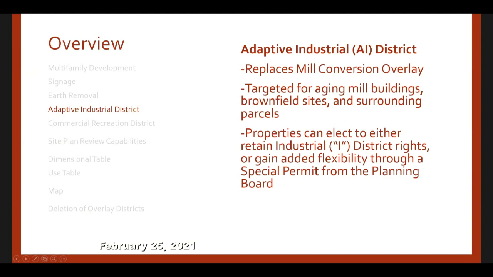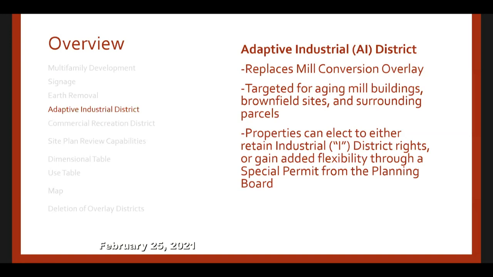The adaptive industrial district is the first item on the agenda tonight. And this really replaces a pre-existing district that we had known as the Mill Conversion Overlay District. An overlay district is basically a district that's drawn on top of an existing zoning district.